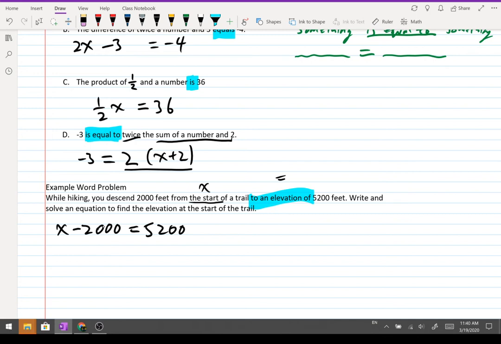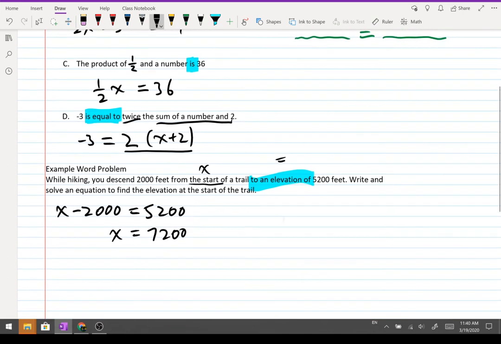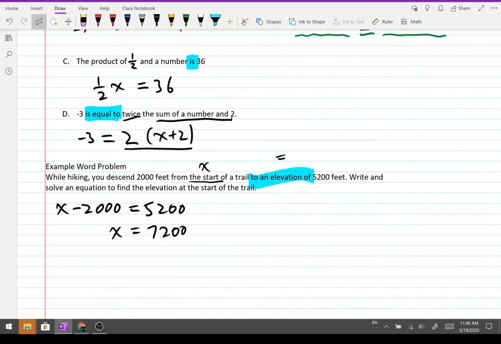So we've written an equation: x minus 2,000 is equal to 5,200. And once we solve this, we just need to move the 2,000 to the other side. That's going to be x is equal to 7,200.